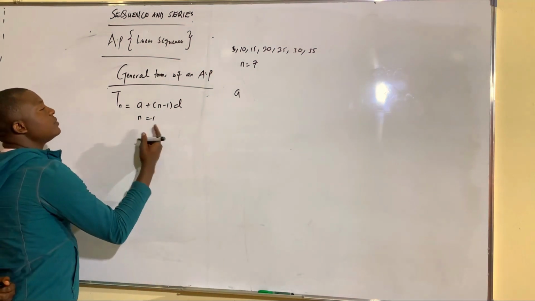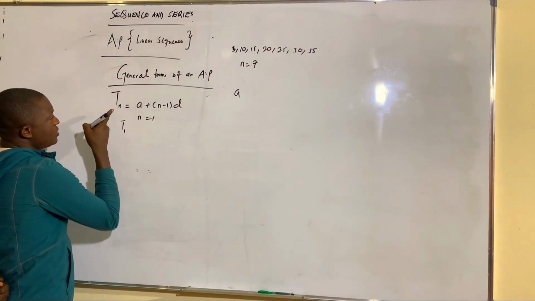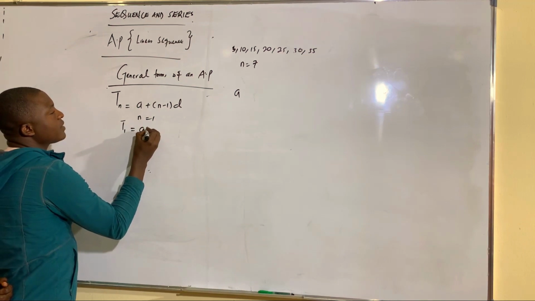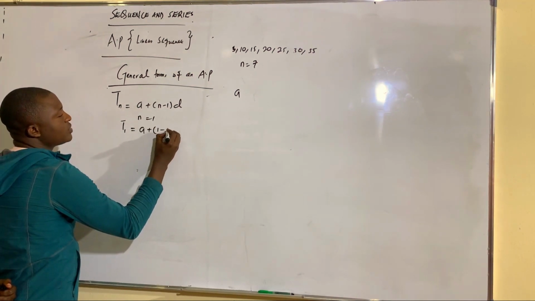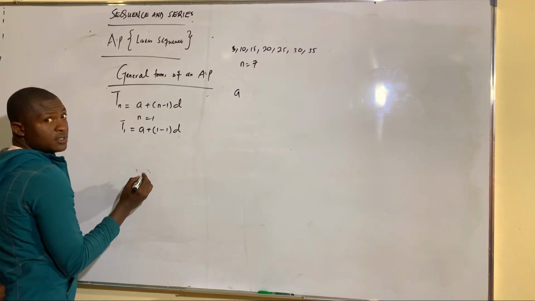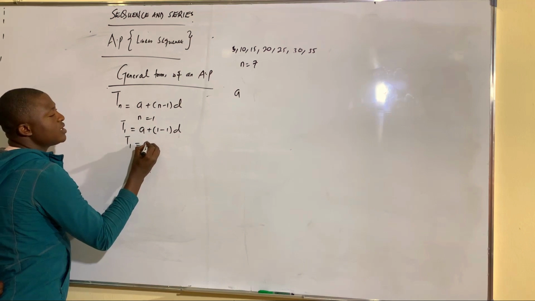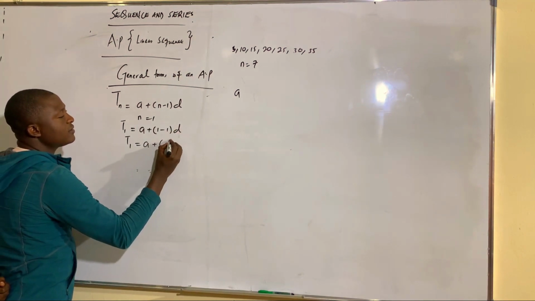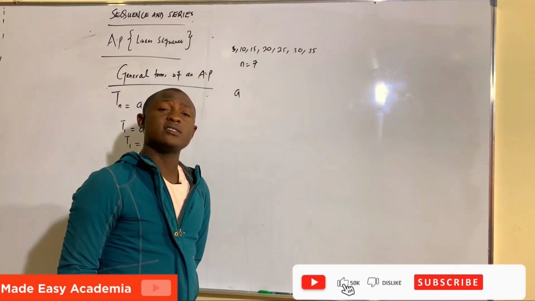T1, with the number of terms being 1, is equal to a plus 1 minus 1 d. So T1 is equal to a plus, 1 minus 1, of course, is 0, so 0 d.